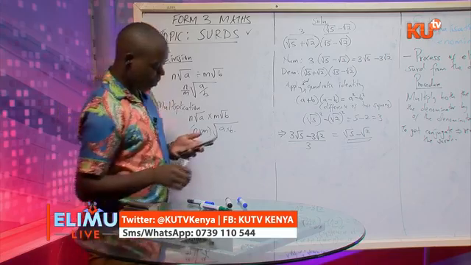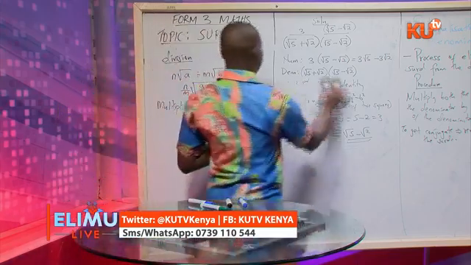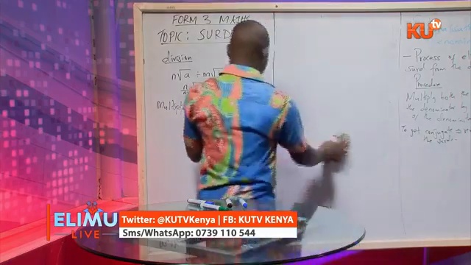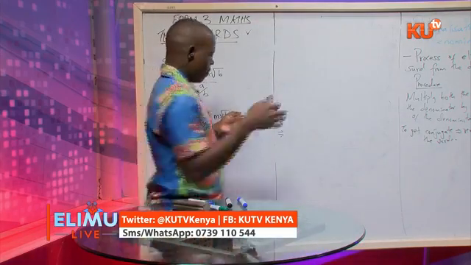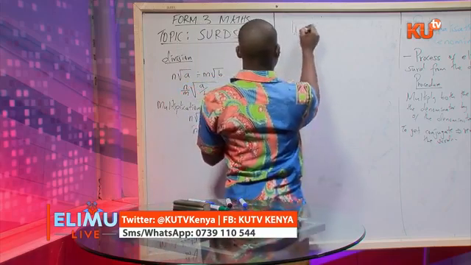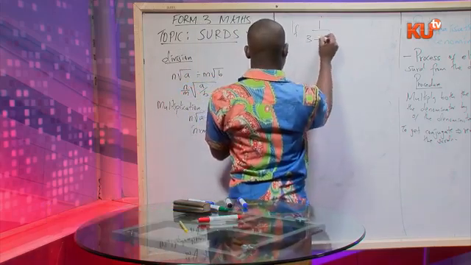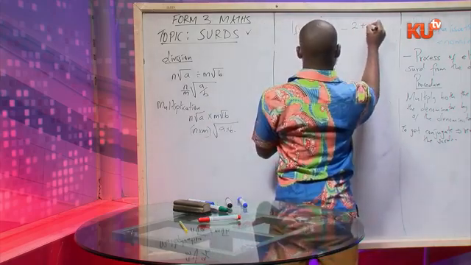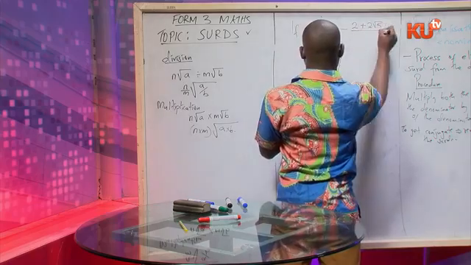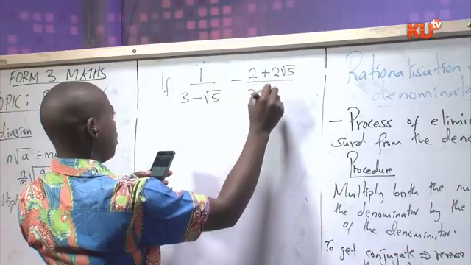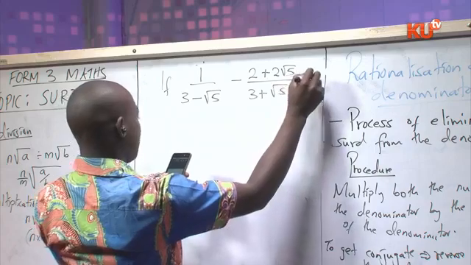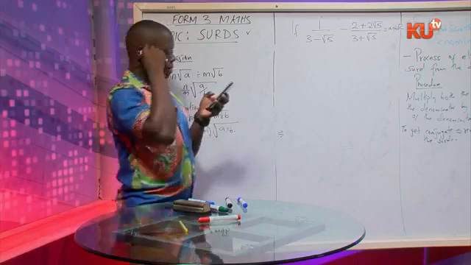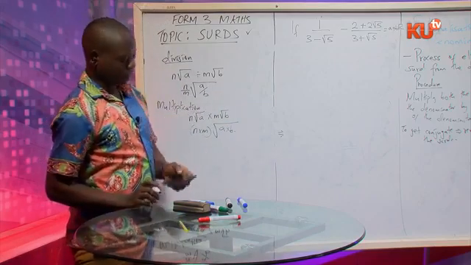Someone has sent another question here. If 1 over 3 less root 5, less 2 plus 2 root 5 over 3 plus root 5, is a plus b root c, find the values of a, b, and c.